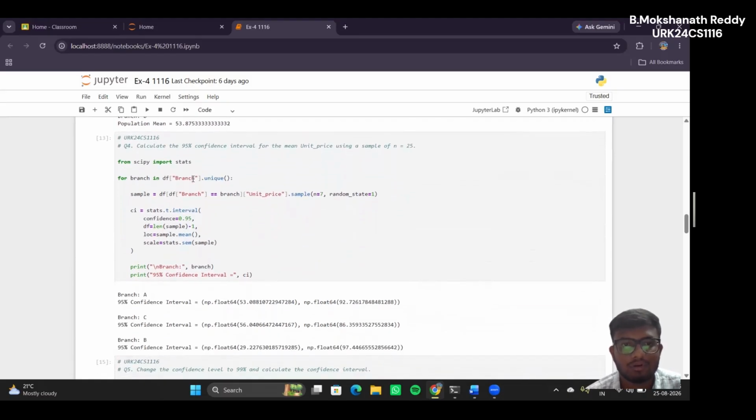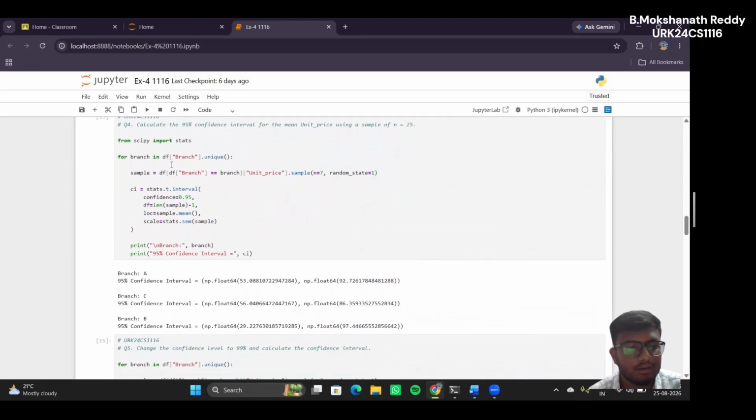Calculate the 95% confidence interval for the mean unit price using a sample of n equal to 25, which is given, but I need to take 8 because I don't have 25 values.